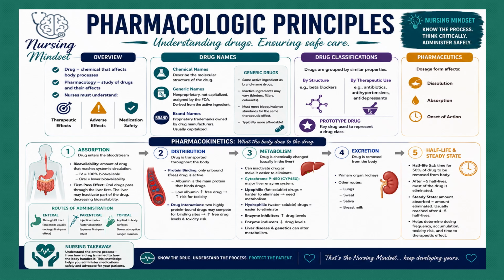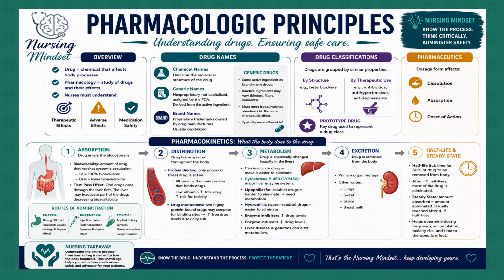Trough is the lowest drug level, usually measured immediately before the next dose is given. Some medications also require peak and trough monitoring because the difference between an effective dose and a toxic dose can be very small.